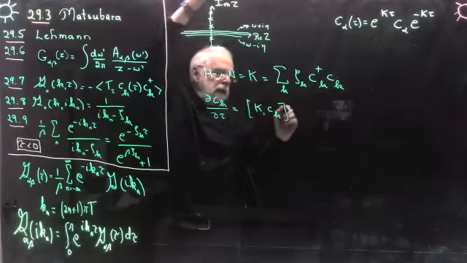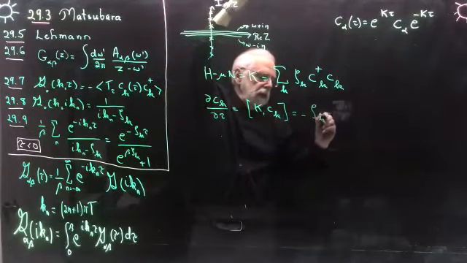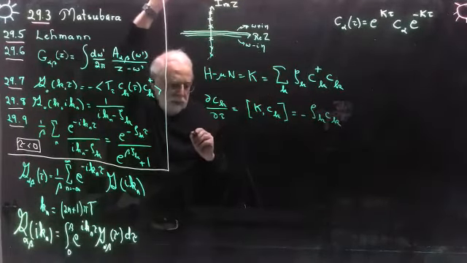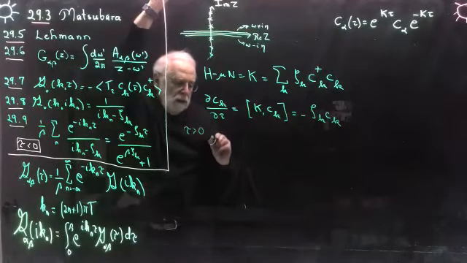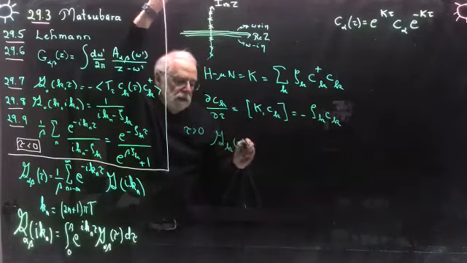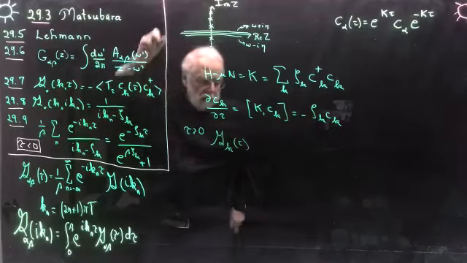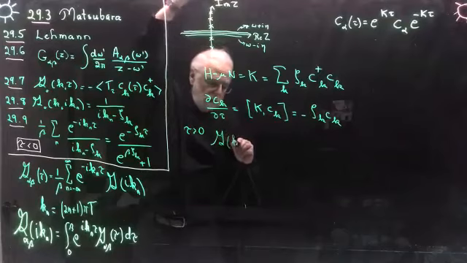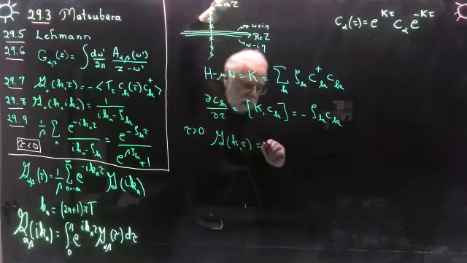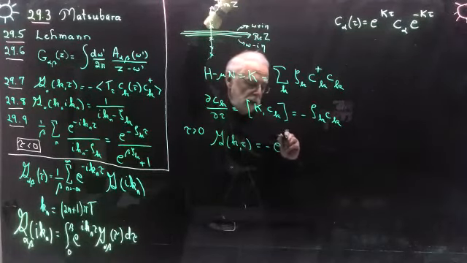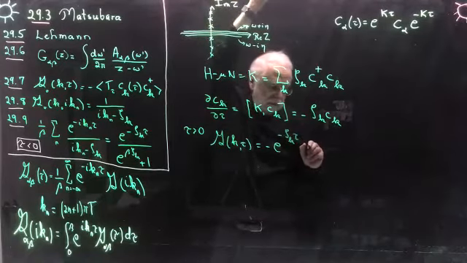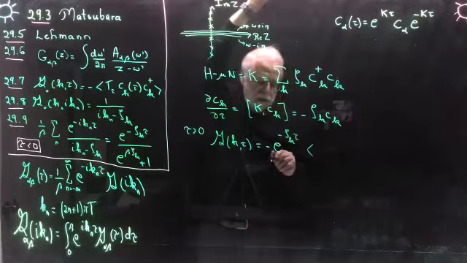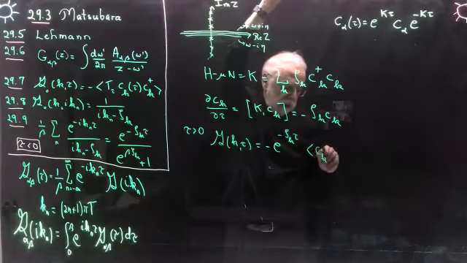And the number operator times c k gives me minus zeta k times c k, which means that for tau larger than 0, G k of tau, let me use a consistent notation, G k of tau for tau larger than 0 is equal to minus exponential of minus zeta k tau times the expectation of c k c dagger k.